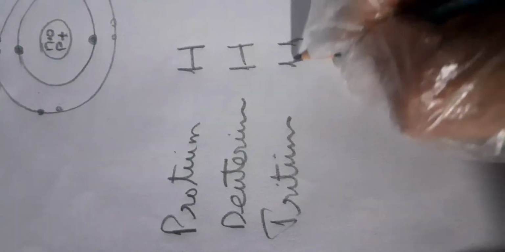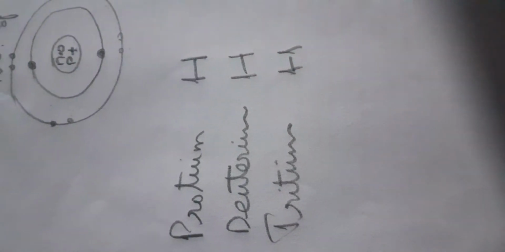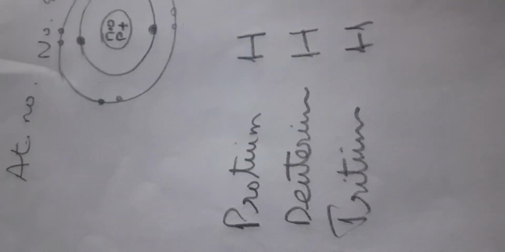The symbol of hydrogen is capital H. And do not forget that hydrogen is the lightest element in the periodic table, and it is placed at position 1 in the periodic table.